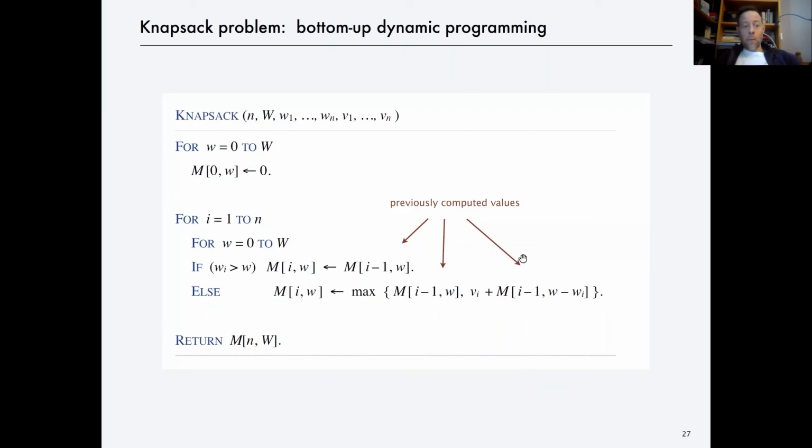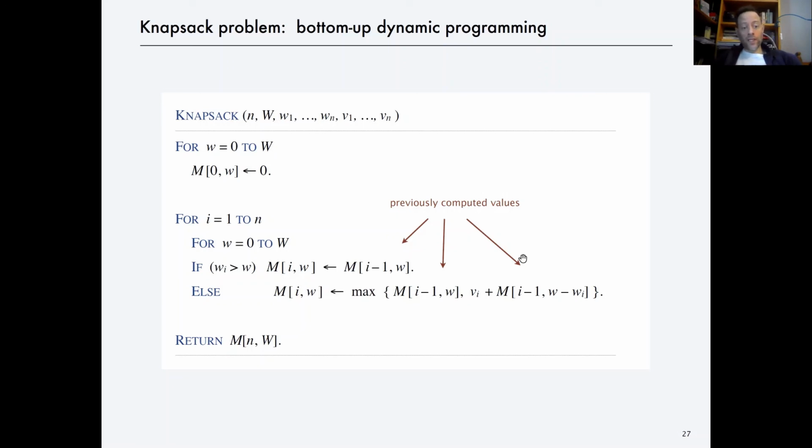If we do that, we can then compute these values. So here we have an example of bottom-up dynamic programming. It means that we basically fill up this table from the bottom up. So here we're only using values that we have computed before.